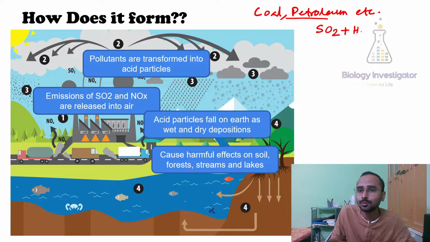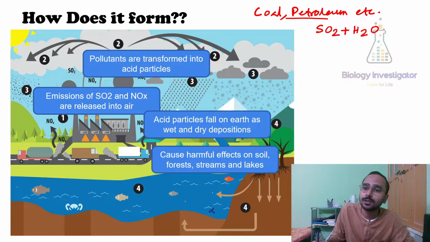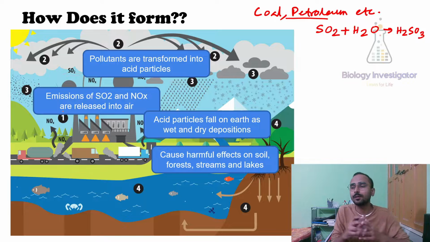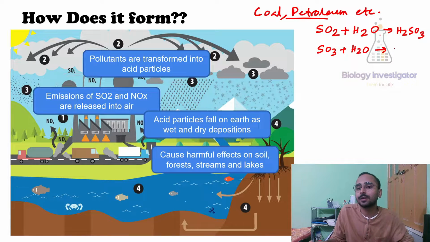Generally, whenever SO2 comes in contact with water, you will get sulfurous acid, that is H2SO3, and later from SO3, in contact with water, you can get sulfuric acid. This is sulfuric acid, this is sulfurous acid.